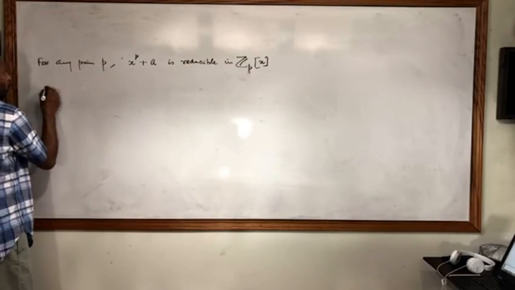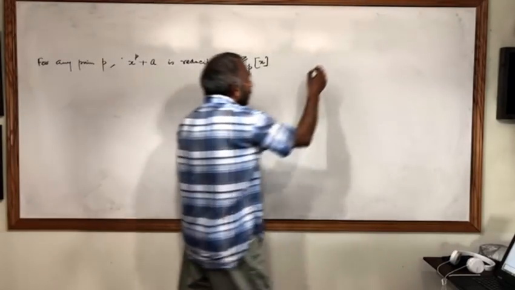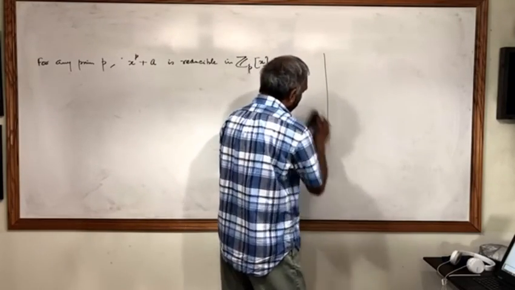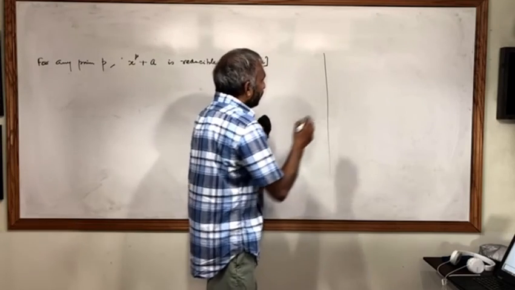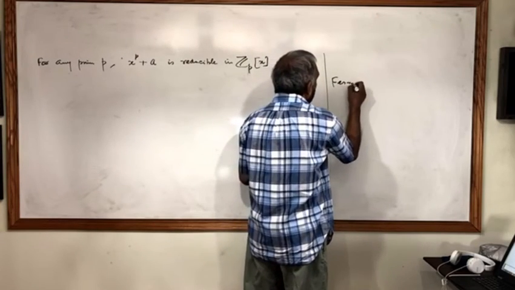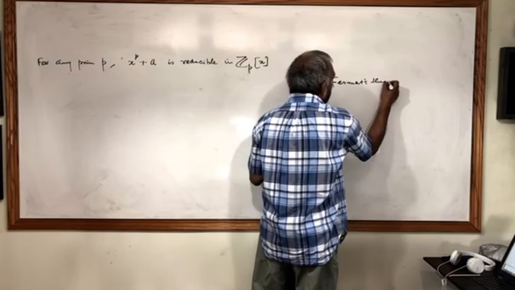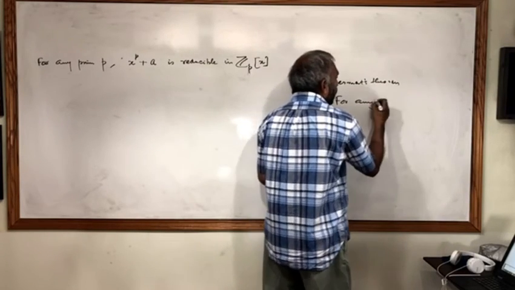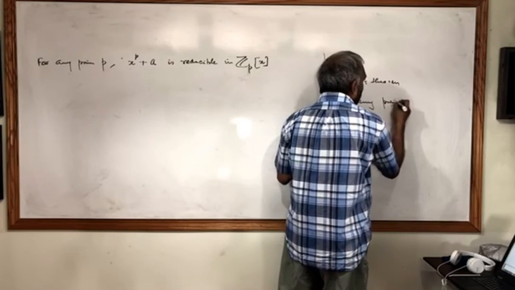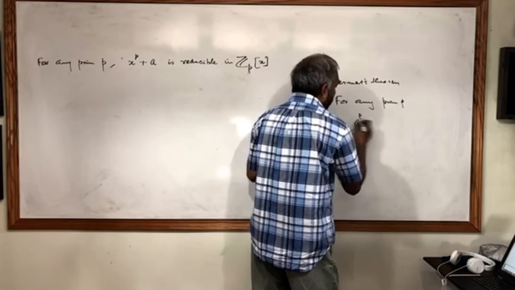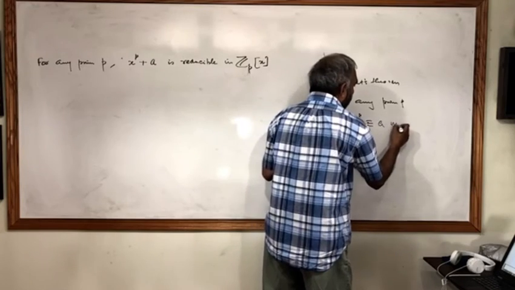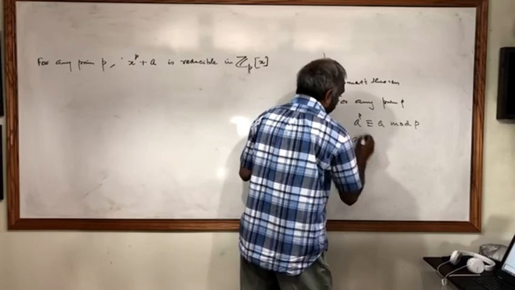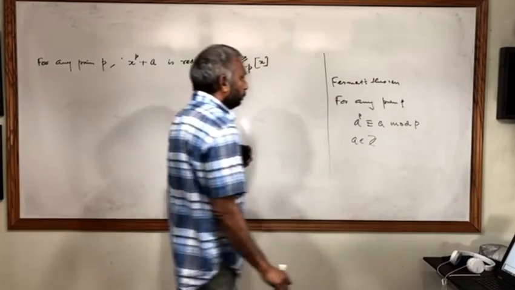So we are going to do it in 2 steps. Before that, we are going to use a simple but powerful result from elementary number theory, Fermat's theorem. For any prime p, a to the power of p is congruent to a mod p for an integer a.